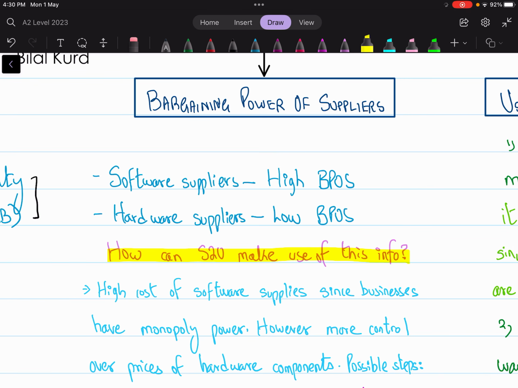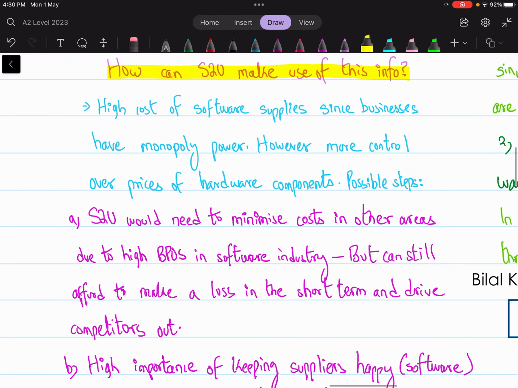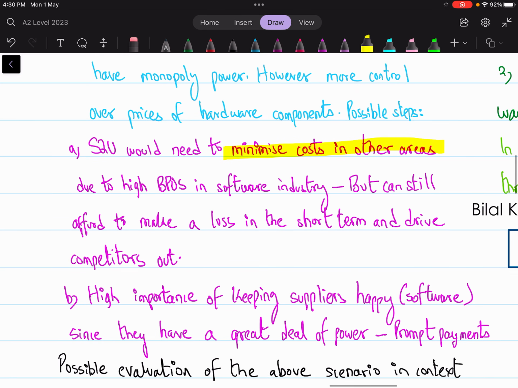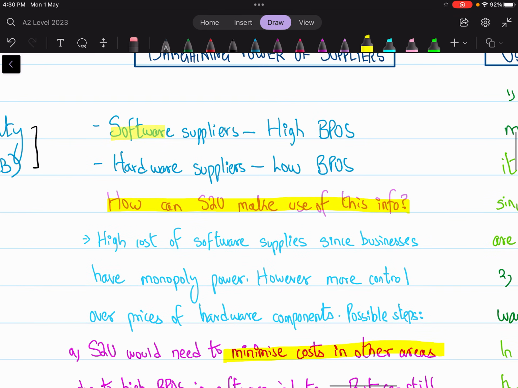So perhaps paying them on time and paying fair prices would be a good way to go. So how can S2U use this information? S2U would need to minimize cost in other areas, because you're incurring higher cost with respect to software. So what are the other costs that you have? Can you minimize them? Can you perhaps minimize on labor? Can you perhaps minimize on infrastructure?